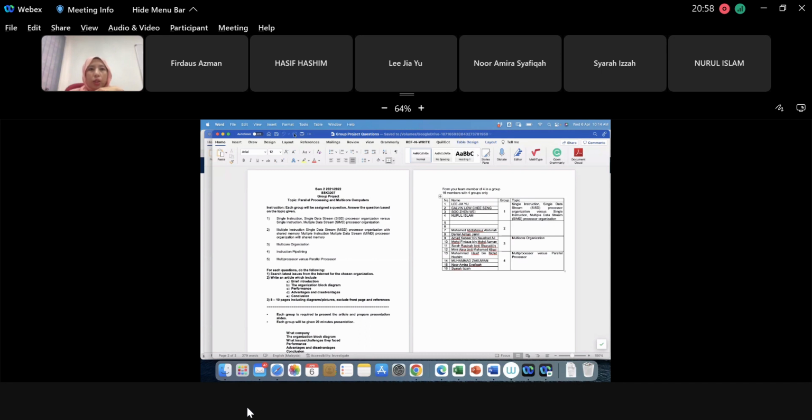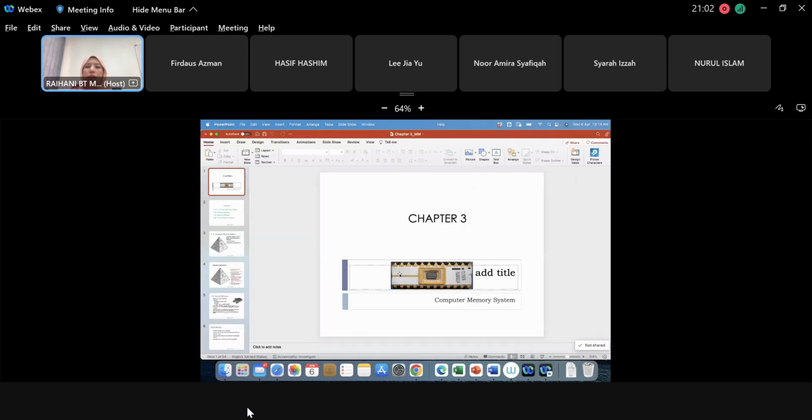Okay, so let's continue with our mission today. Basically, this is the topic that you need to cover, all right? Computer memory system. So basically, we want to talk about the memory system of the computer.